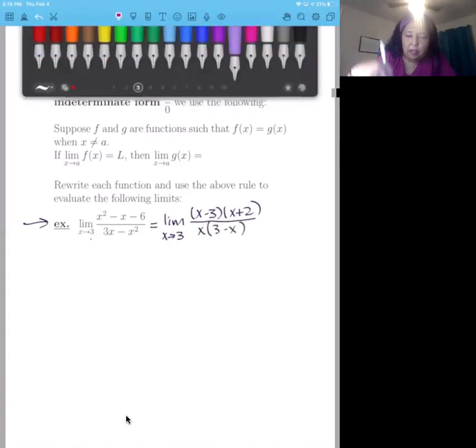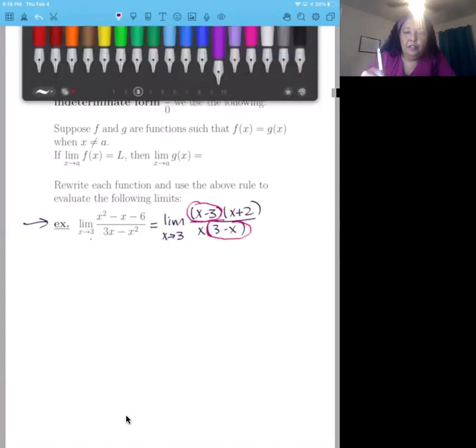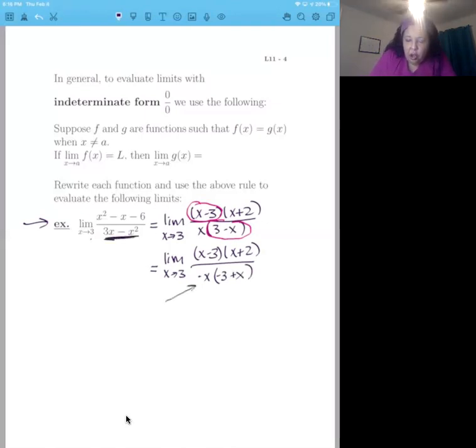Now, if you notice, this factor in the numerator and this factor in the denominator are not the same, but they're just off by a negative sign. So I'm going to factor out a negative sign from the denominator. So x goes to 3, x minus 3, x plus 2 over, if I factor out a negative sign, -x times -3 plus x. You can check that we haven't changed the problem: if you multiply through by -x, you get the exact same thing as in our original problem.